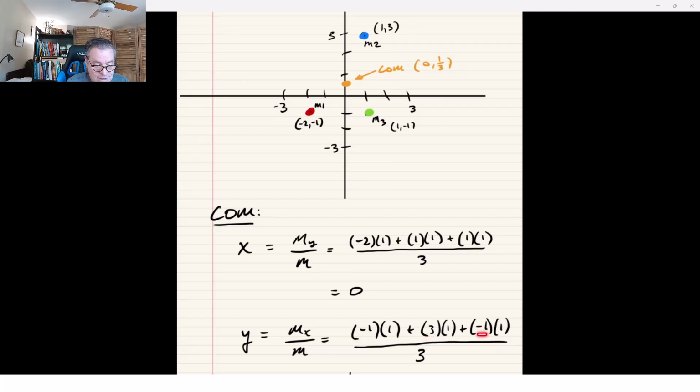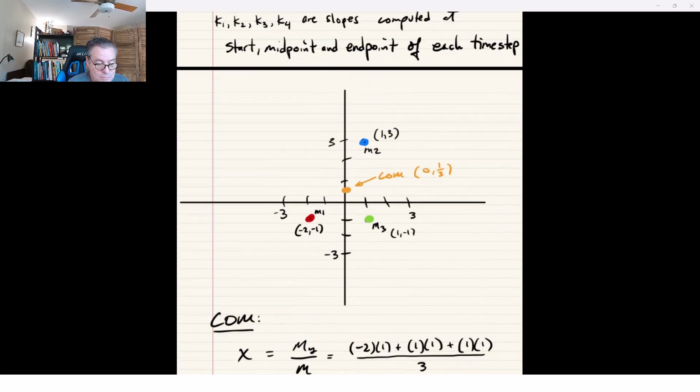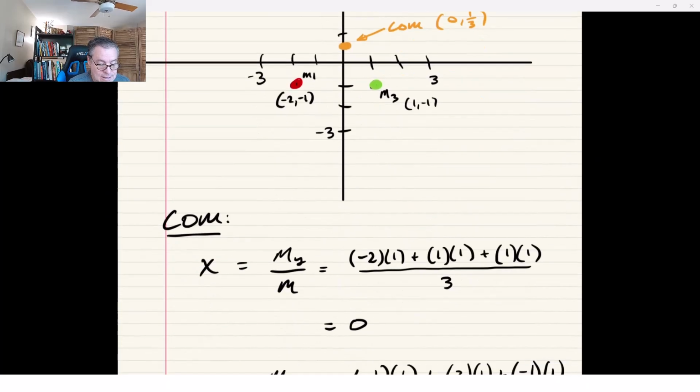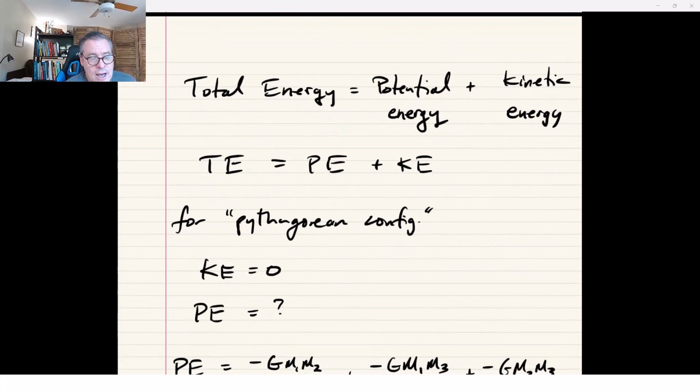So each of the y values for each of the positions of the three masses, the y value for body 1, body 2, and body 3, I multiply each of those by each of the three masses, divide by the total mass, and I get the y coordinate for the center of mass. So I know the center of mass should be at 0, 1/3, roughly right there in the simulation, and should stay there, according to the physics of this situation.